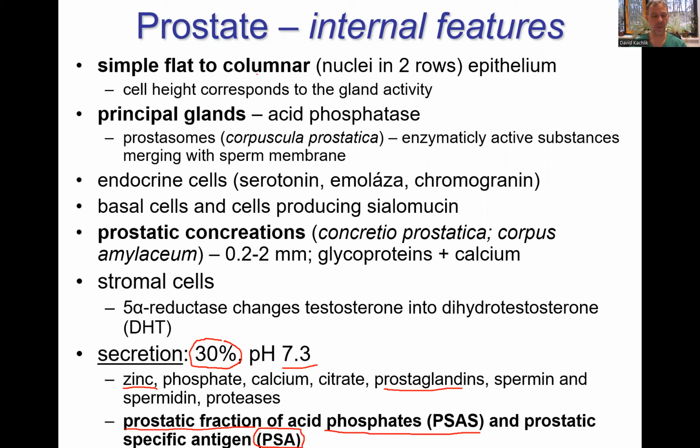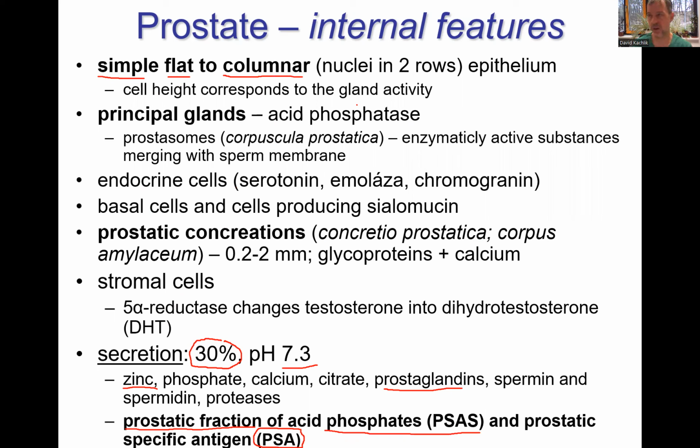So which epithelium is here producing this secretion? It is epithelium which is simple, but the height of the cells changes. If there is no function, it's flat. If there is too much function, it's columnar.